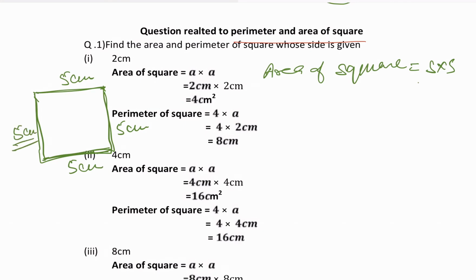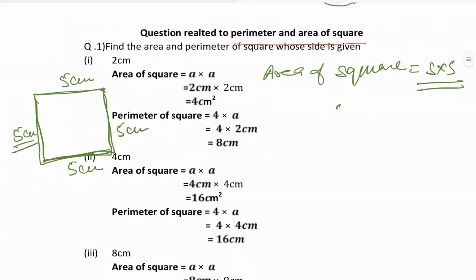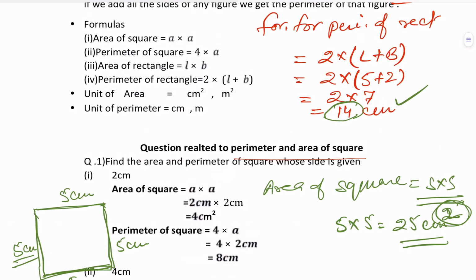By using this formula, 5 into 5 equals 25 centimeter square. Why is square used with the area? Because the unit of area is centimeter square or meter square.